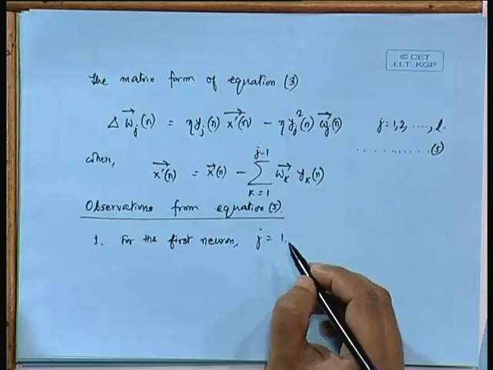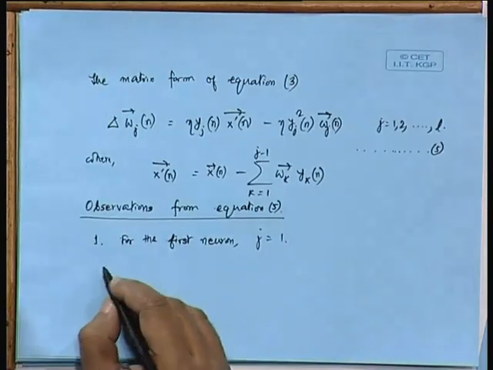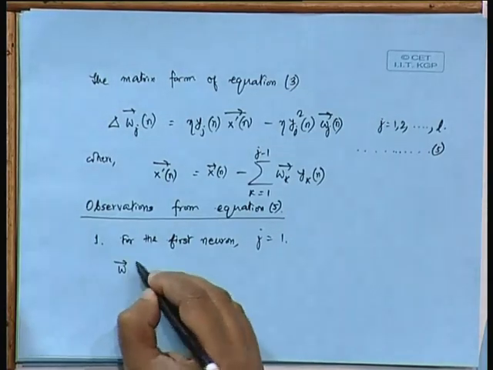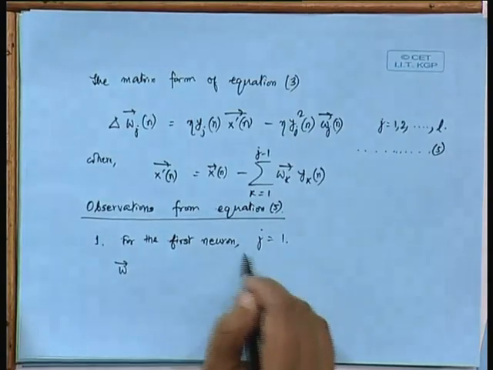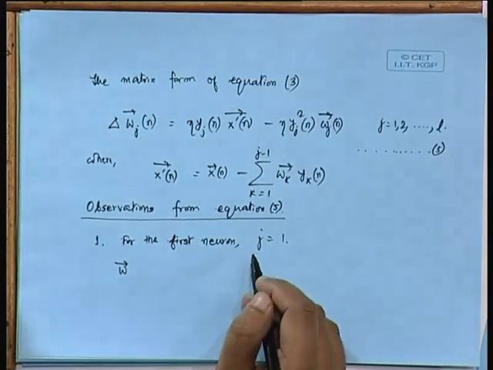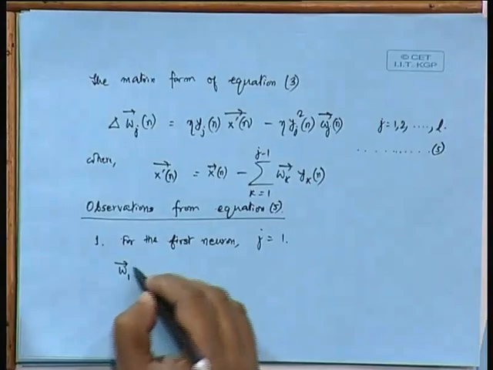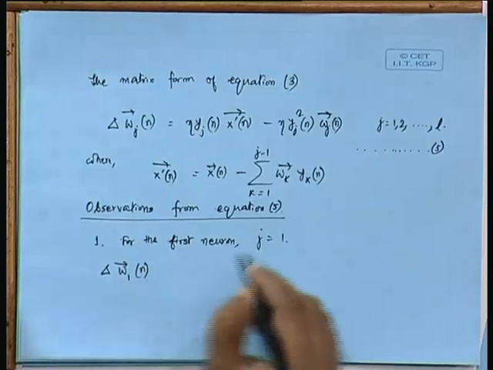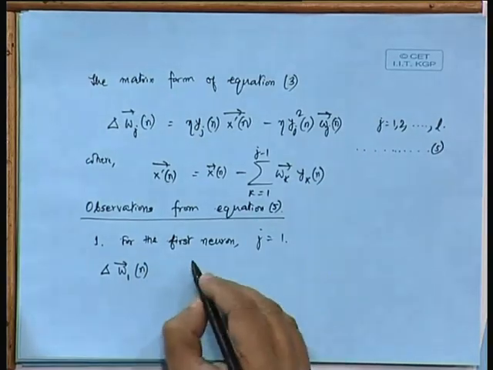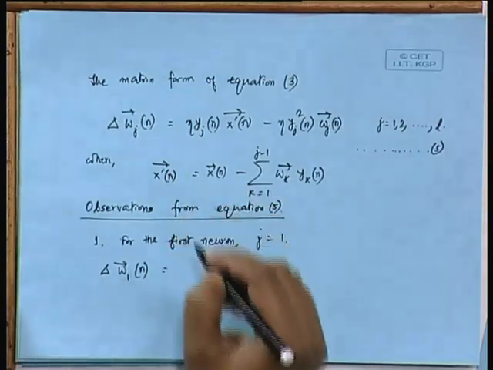So, delta w 1 of n can be written as w 1. We are not writing 1 because we are considering only the j equal to 1 case. If you want, we can write delta w 1 n. Now, delta w 1 n will be equal to, let us write down this thing first.